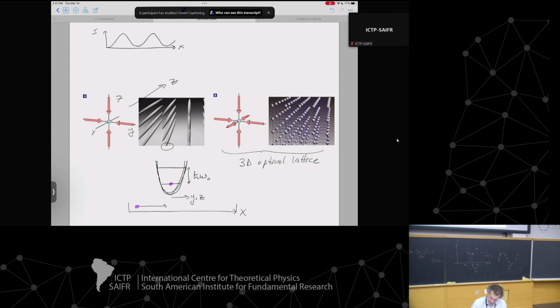And so when the intensity is maximum is when the potential is minimum. And in fact, the potential is less than it would be with no laser.